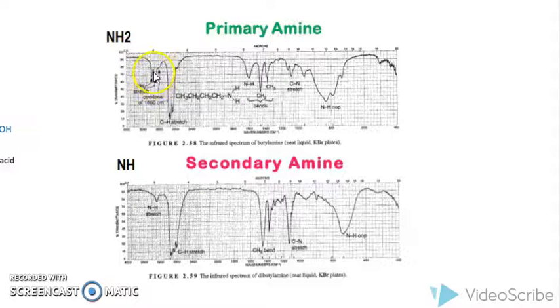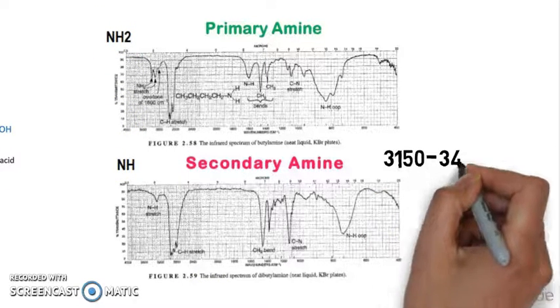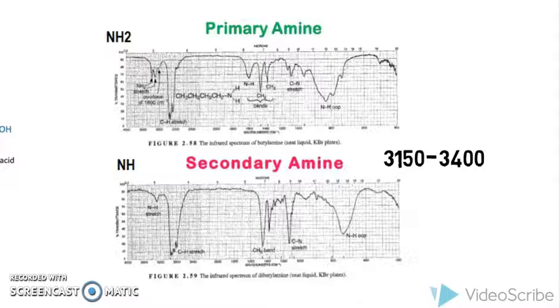You can see that two lobes are present. If it is a secondary amine, like NH, then in IR you will get a single lobe peak. In this way, with the help of the spectrum, we can differentiate between primary and secondary amine, and the range for amine comes between 3150 to 3400.